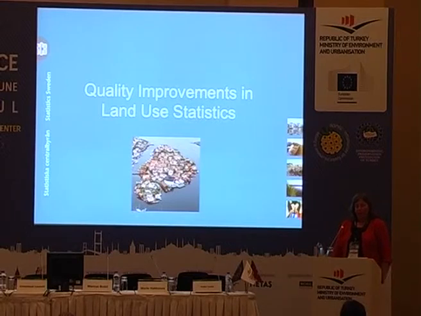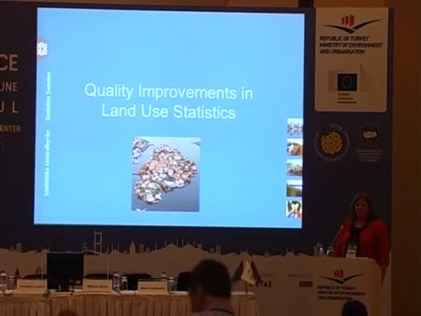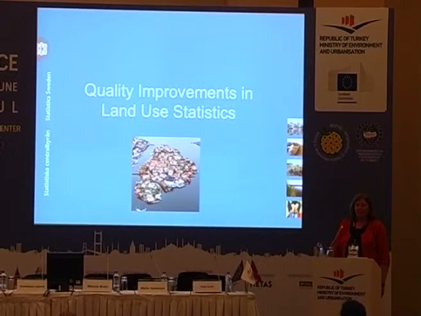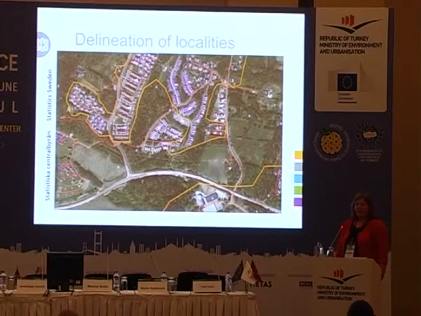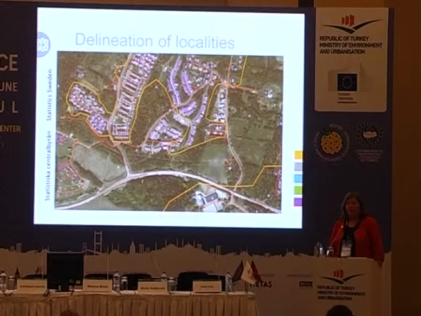And now I move on to the next part, and that's about the quality improvements in land use statistics. This was, of course, the most obvious part for us to start with, because there is a huge use of geographic information in the land use statistics. And it was really good timing with the Swedish Geodata Cooperation, because just when it was put in place, we were about to do a new delineation of localities.